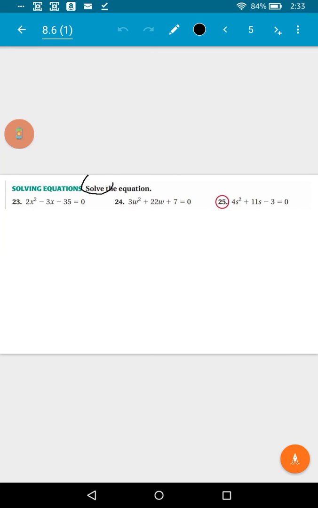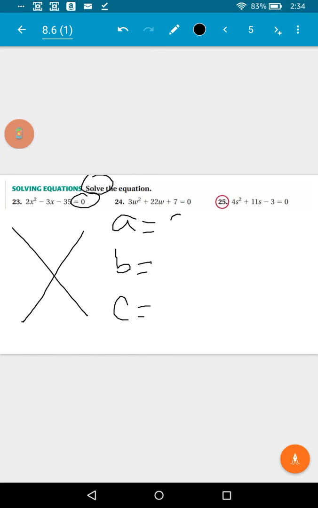Remember what I said, whenever you have that word solve and you have equals 0, you are going all the way to the end and telling me what x, y, z, l, I don't care what variable you have, you're solving. So in this case, 2 is positive, so I'm not pulling any negative out. We make that x. You need to tell me on the side what the values are. A is 2, B is -3, and C is -35.